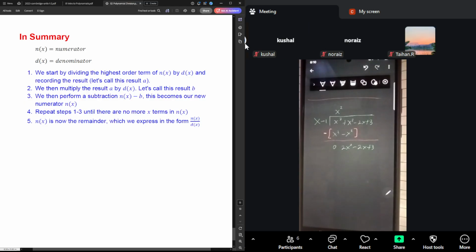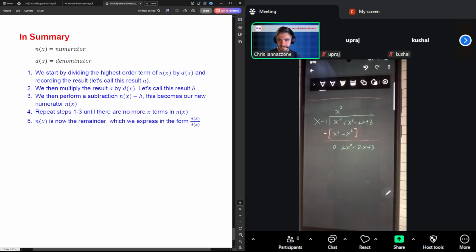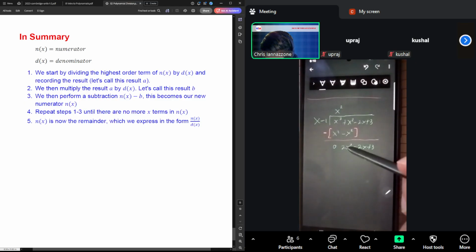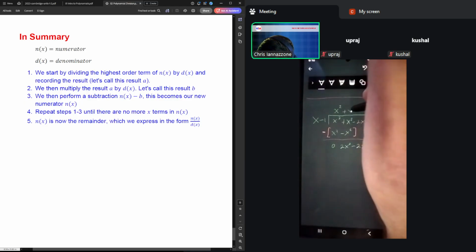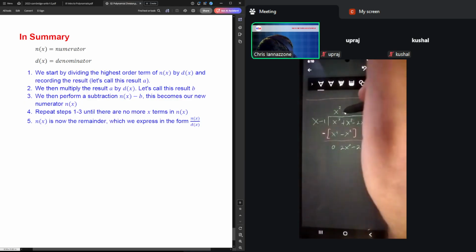Yeah, precisely. By the way, you're direct messaging me, just so everyone else knows I'm not just saying things out loud. 2x squared divided by x, yes. So you take this bit here and divide it by the other bigger bit. 2x squared divided by x. Sorry, 2x. Yeah, fix it.